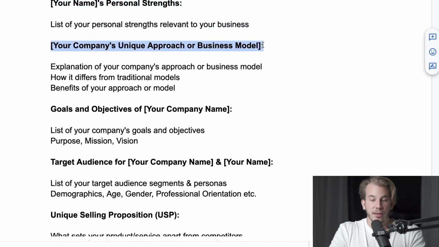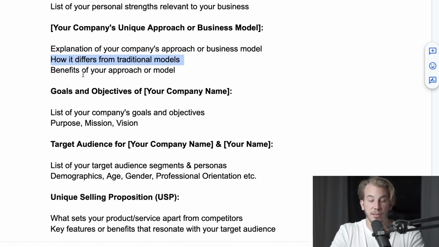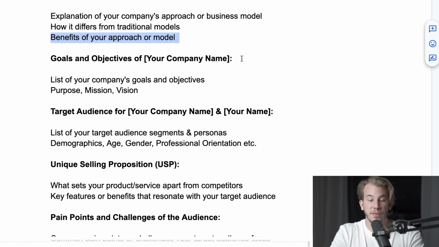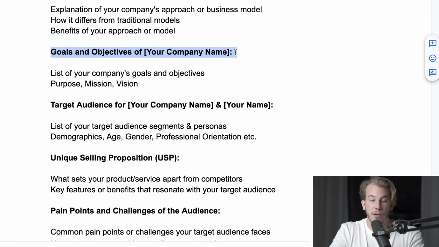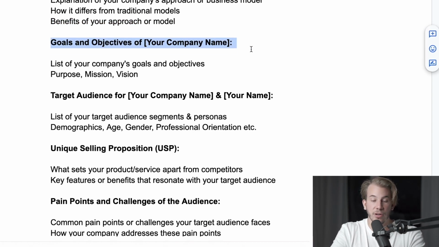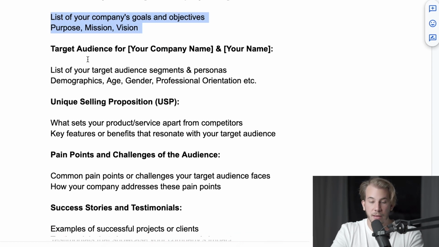What is the unique approach of the business model, explaining how the business model works, changes the industry, disrupts something, how it differs from traditional models, and the benefits of this specific new approach, and what are the goals and objectives of the company in general, so that it understands and can tailor its specific results and responses towards serving your goals.